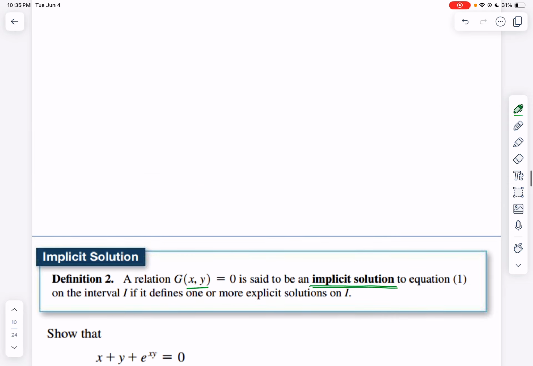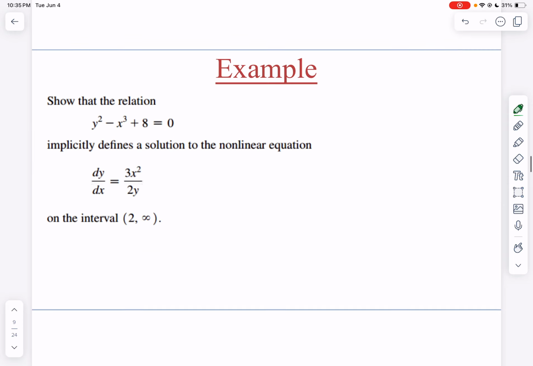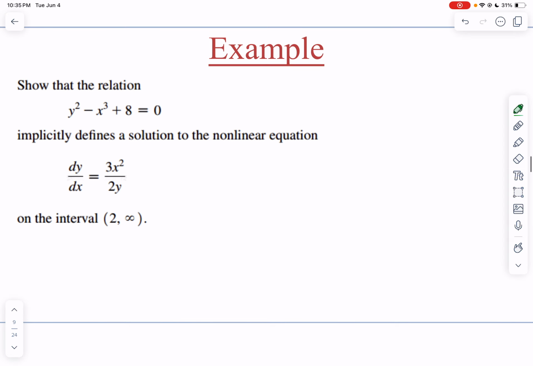So let's take a look at this real quick. So you can see here that really we would like y, but y is embedded in this equation, okay? So let's go ahead and see if we can solve for y. Sometimes we can't, but in this case we can solve for y. So here we have y squared is equal to x cubed minus 8.